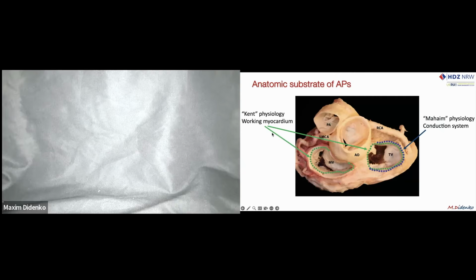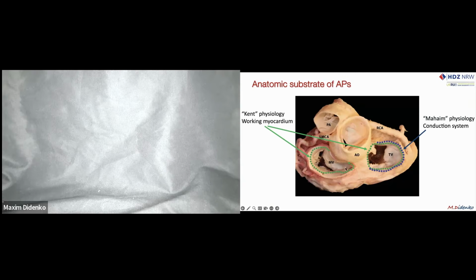We know that they are from working myocardium and they don't have decremental properties. At the same time, Mahaim physiology accessory pathways are from the conduction system, the same system which creates the AV node with slow and fast pathways, and they have decremental properties. You can see that Mahaim usually you can find only on the right side.